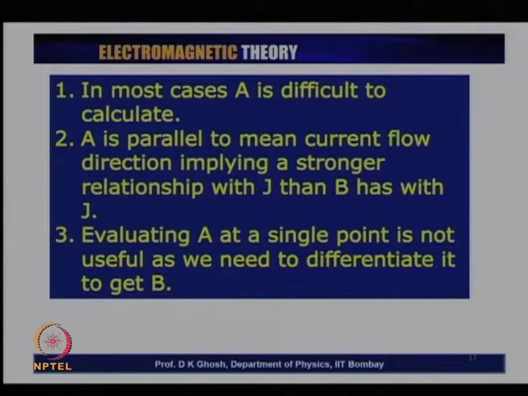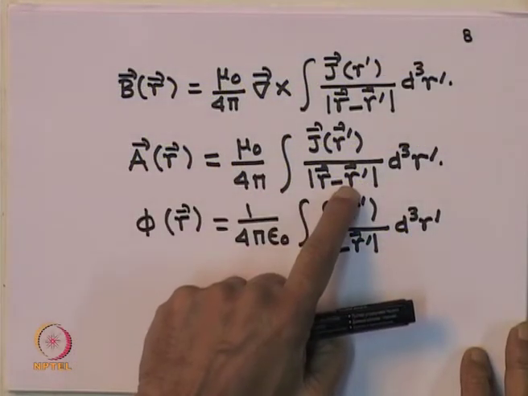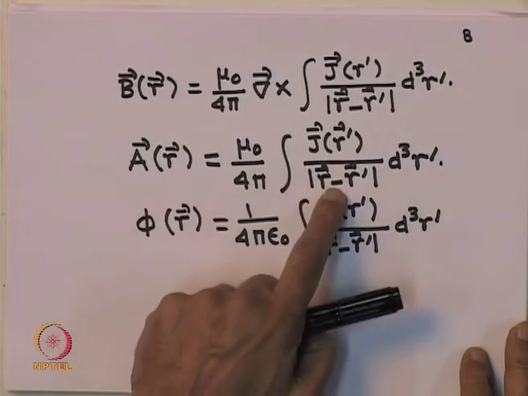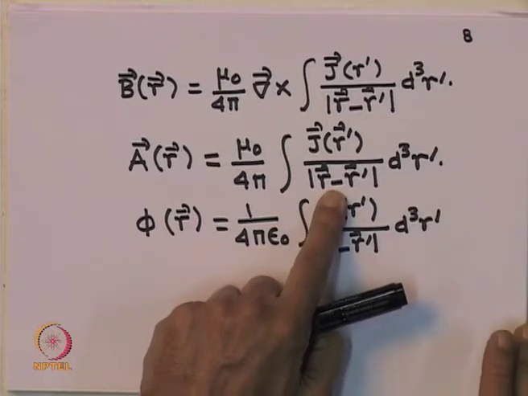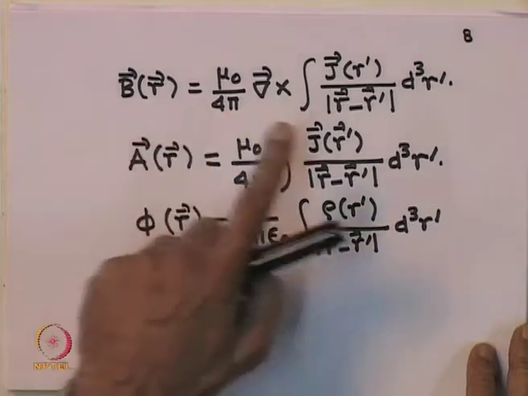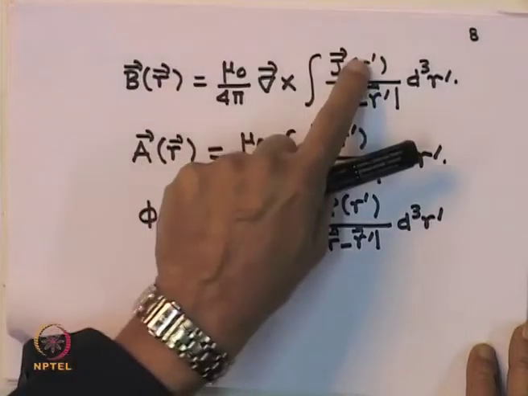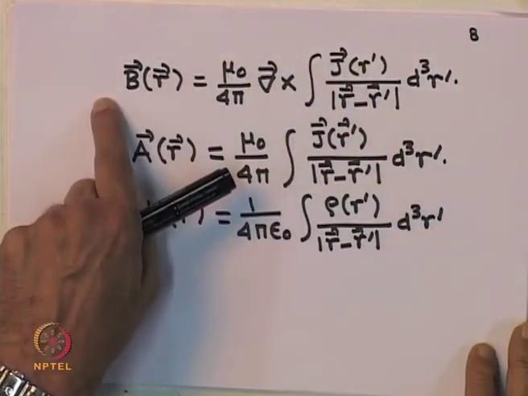The other thing is that if you look at the expression we gave for A of r, you notice A is parallel to the direction of current flow, which tells me there is a stronger relationship between the vector potential and the current than B has with the current density, because that is not a direct relationship.